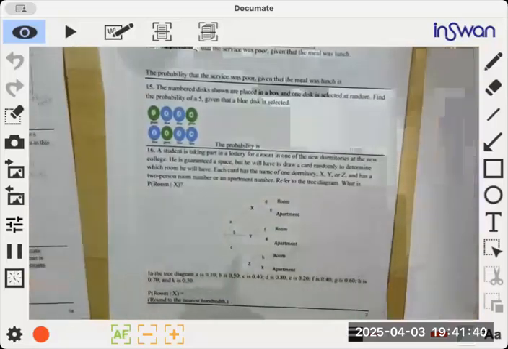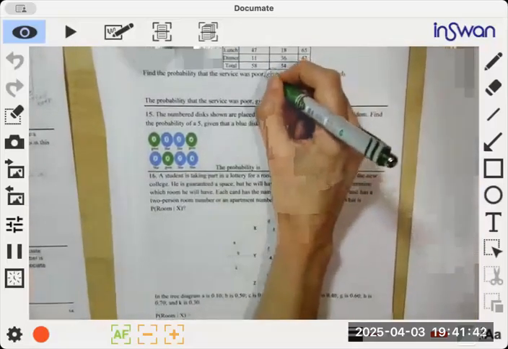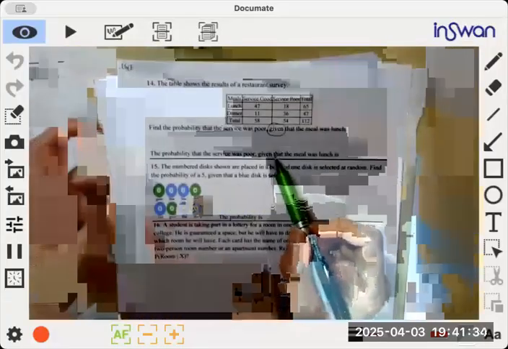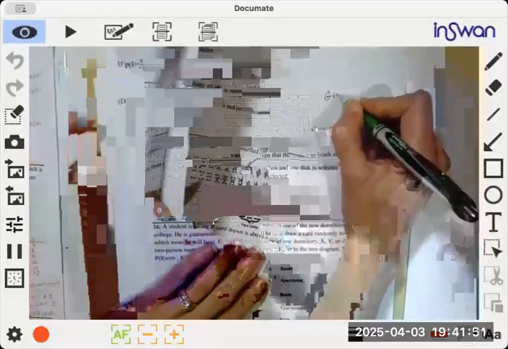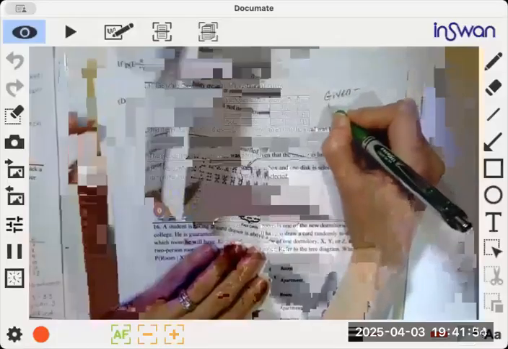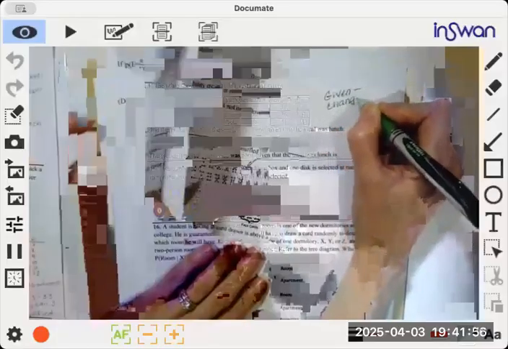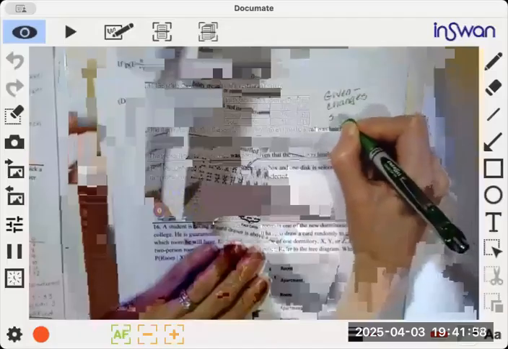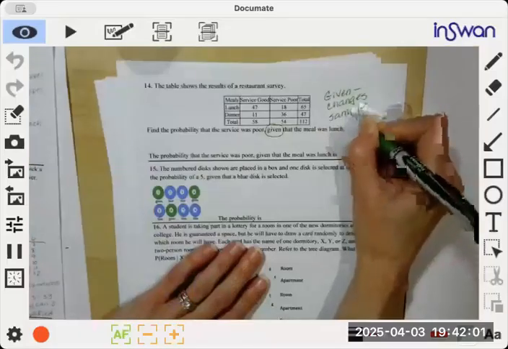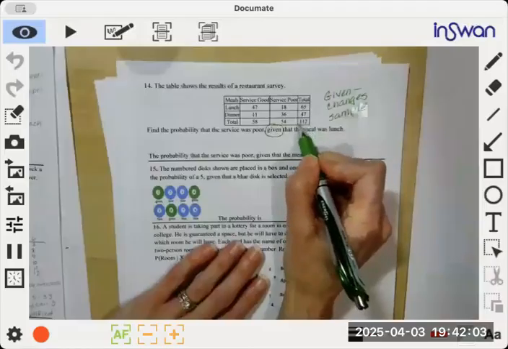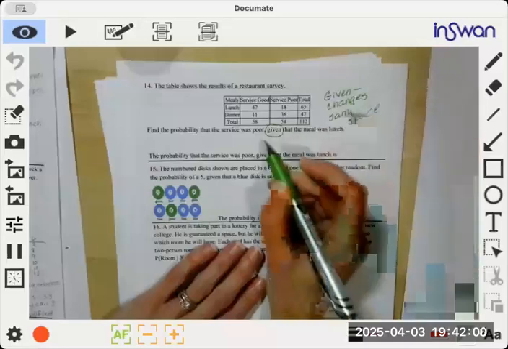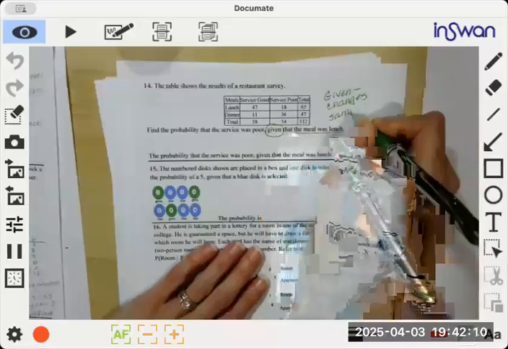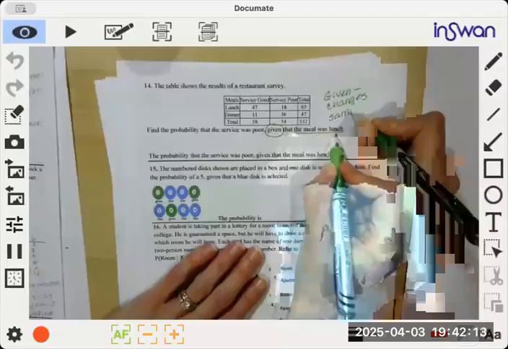Yes. Okay, so now this is the key thing on these problems. If you see the word given, anytime you see the word given, it changes your sample space. The sample space here is 112, but now this is telling us that our sample space is that the meal was lunch.